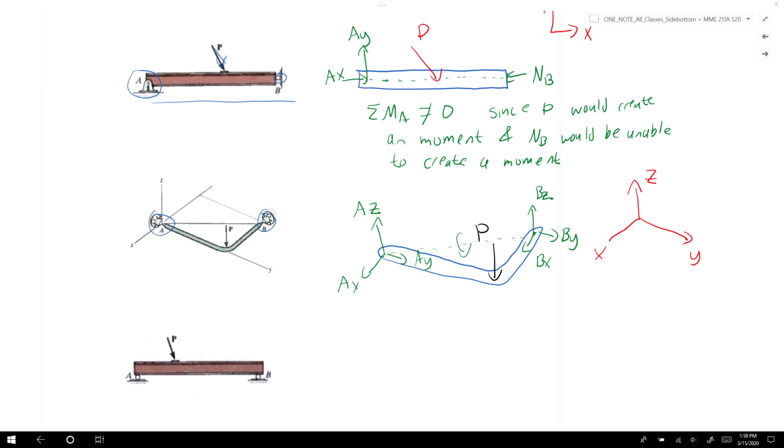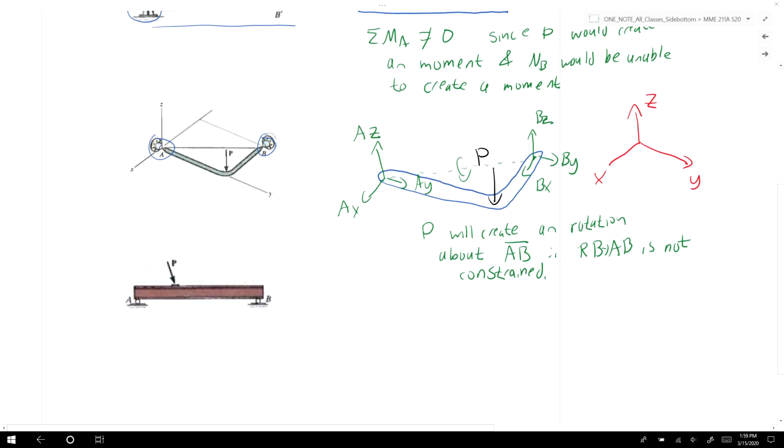So we'll say that P creates a rotation or an unbalanced moment about the AB axis. Therefore, the rigid body AB is not constrained, or improperly constrained.